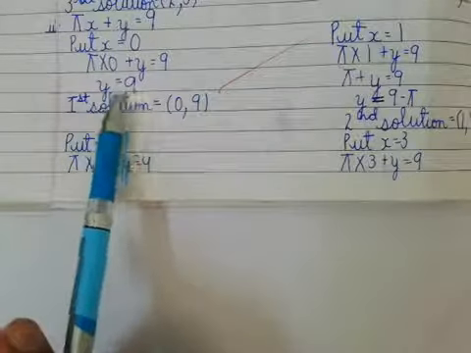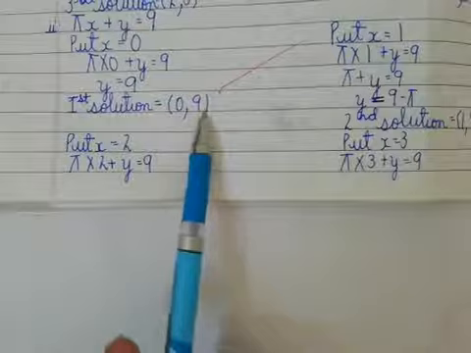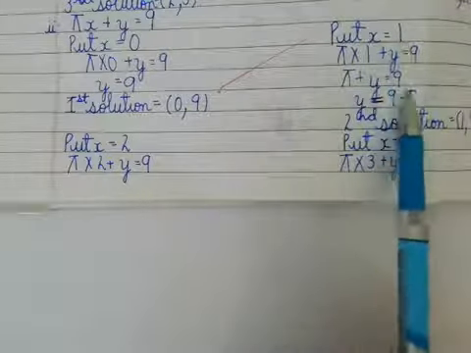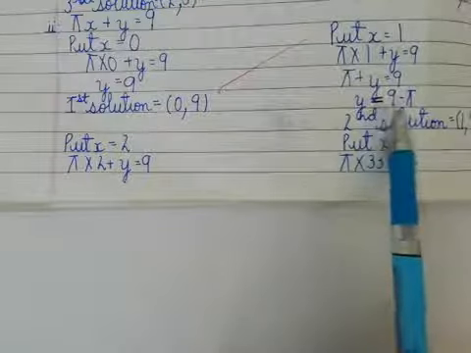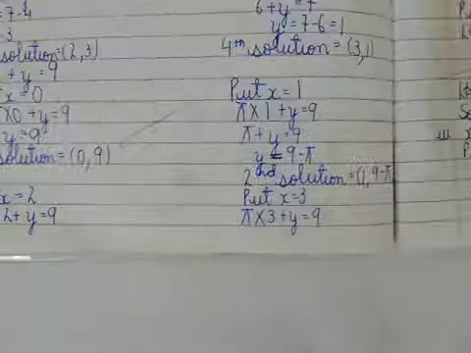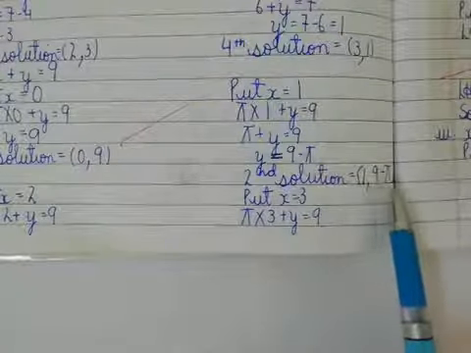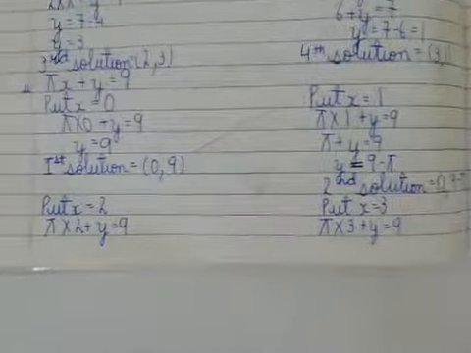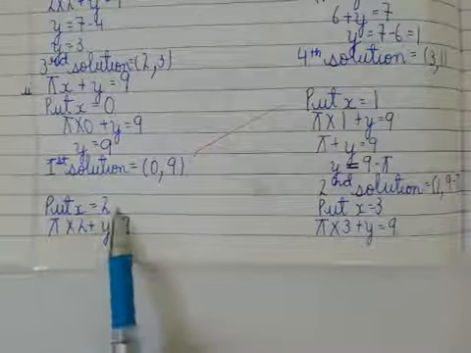So y is equal to 9. So the first solution is 0, 9. Then put the value of x is equal to 1. We are getting y is equal to 9 minus pi. So the second solution is 1, 9 minus pi. Like this we have to find the third solution also. So put x is equal to 2.